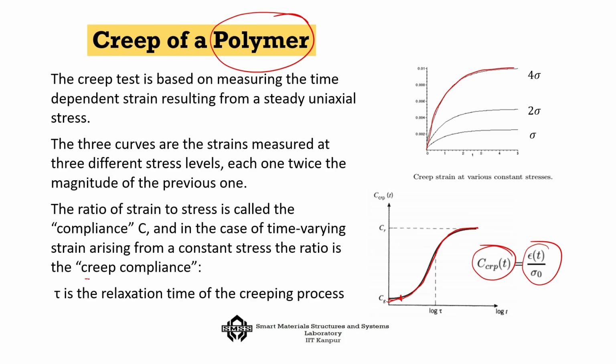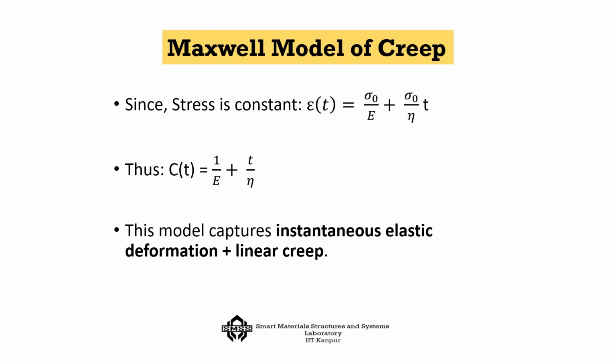Another important thing is tau, the relaxation time, which tells how fast this S curve is. Some S curves can be very slow and some very rapid. So, the relaxation time tau also plays a very important role in the creeping process. Creep compliance and relaxation time are the two things we have to consider in terms of a polymer.